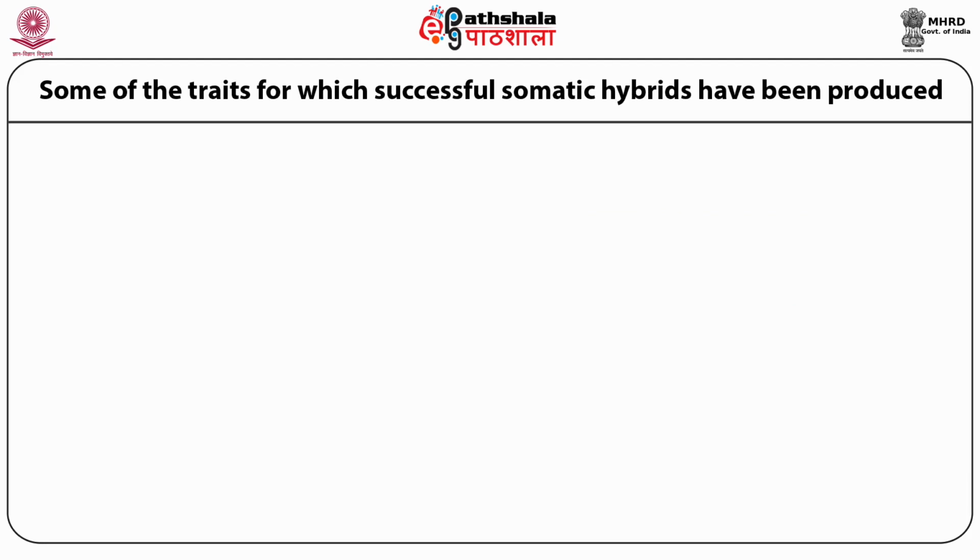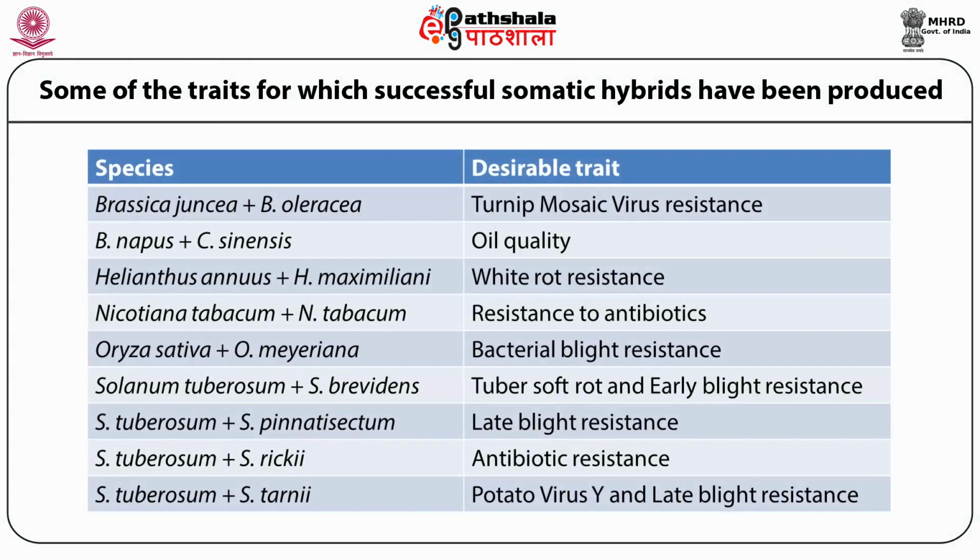Through somatic hybridization, we have been successful in releasing commercially important products with various species as well as various traits. For example, the hybrid of Brassica juncea with Brassica oleracea has resistance to turnip mosaic virus. Helianthus annuus with Helianthus maximiliani, white rot resistance. Nicotiana tabacum with tabacum, resistance to antibiotics, two different types of tabacum.